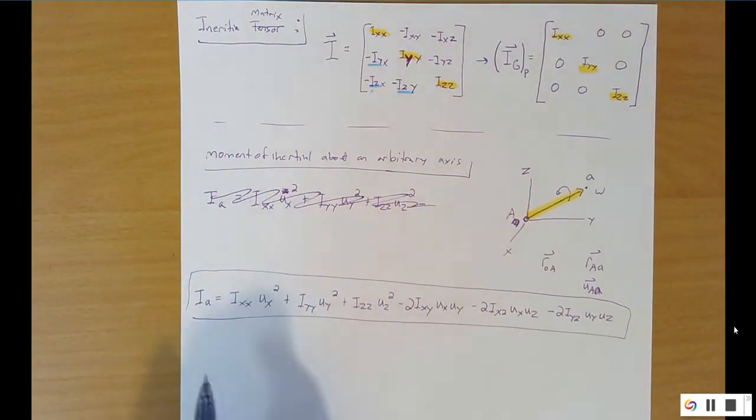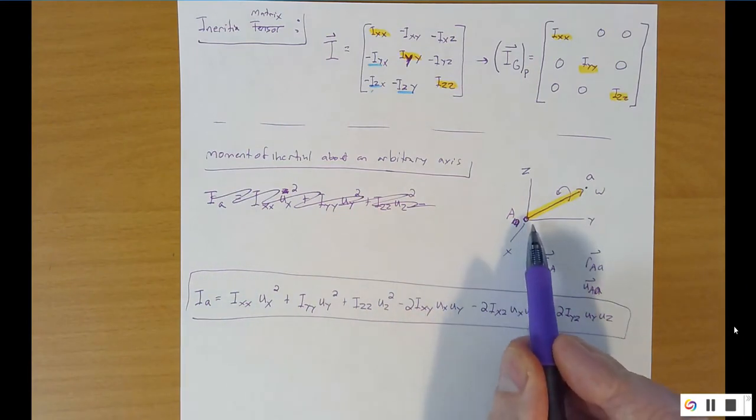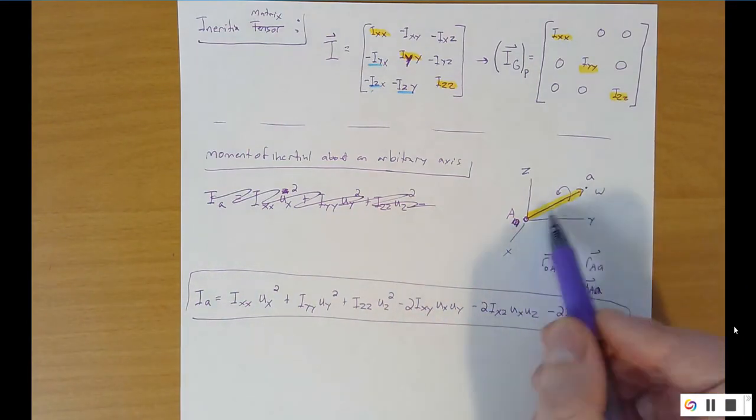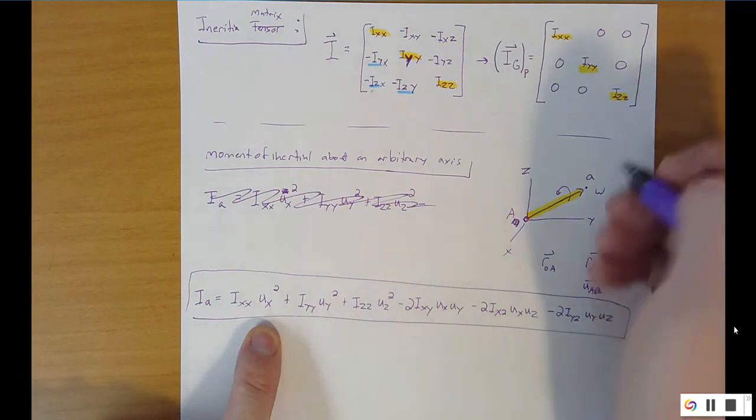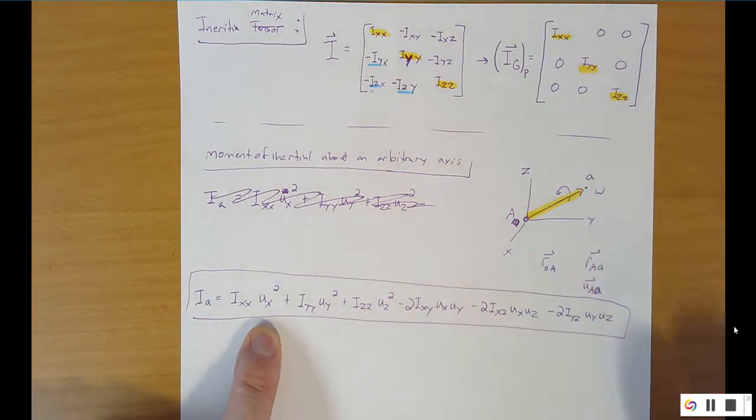So I about some arbitrary axis measured in the same coordinate system, so it starts at the same base point. It'll be ixx times the unit vector ux, iyy times uy, izz times uz. So the unit vectors are all for our line.